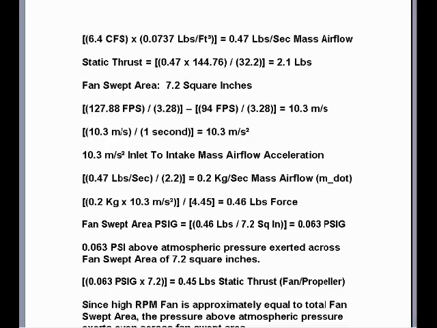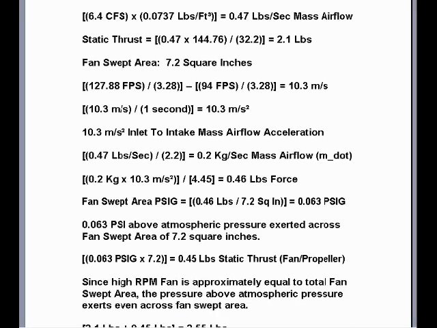So we take 0.063 PSIG times 7.2, so there'll be 0.45 pound static thrust at the fan propeller in the Bernoulli static thrust component. Since high RPM fan is approximately equal to total fan swept area, the pressure above atmospheric pressure exerts evenly across fan swept area.